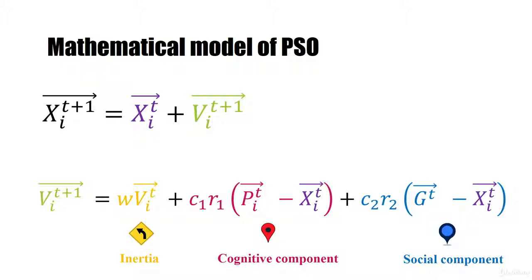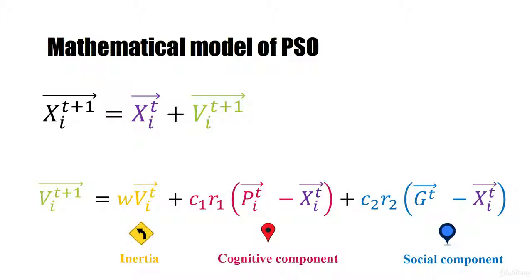The last component, however, is called the social component, because the particle calculates the distance between its current position and the best position found by the entire swarm. It is worth mentioning here that for the variable g in the social component, there is no subscript, because we have just one best solution in the swarm for all particles.